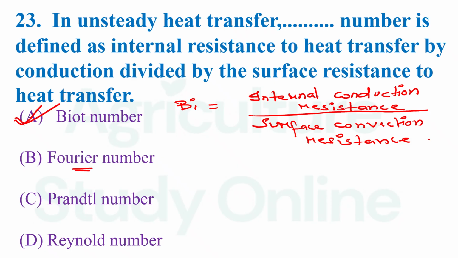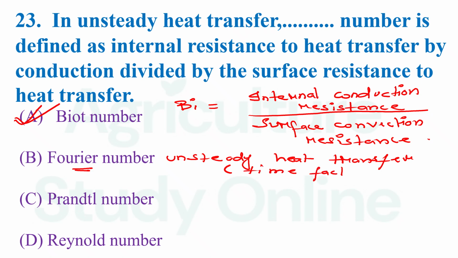Whereas Fourier's number is related with unsteady heat transfer, that means the time factor. And Prandtl's number is related to the ratio of momentum diffusivity to thermal diffusivity, basically used in fluid flow.